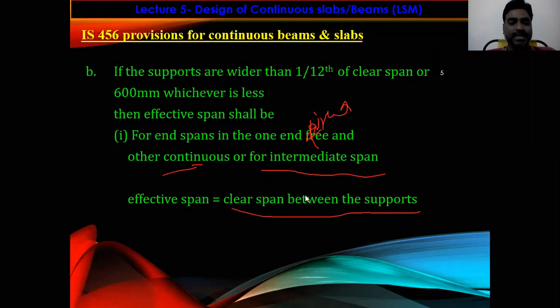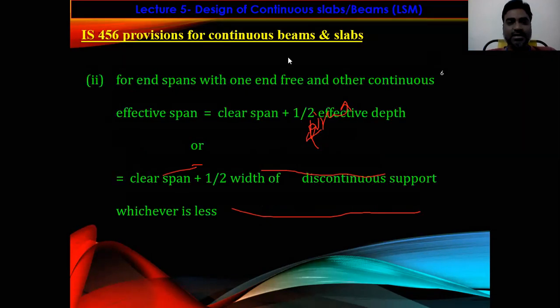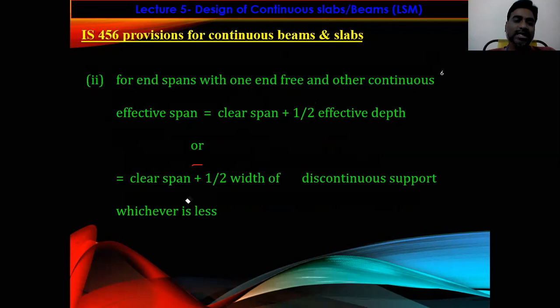And next case is, if one end is free and other end is continuous, the effective span is clear span plus half of the effective depth, or clear span plus half of the width of the discontinuous support, as earlier. So based upon the criteria, you need to determine the effective length of the span.